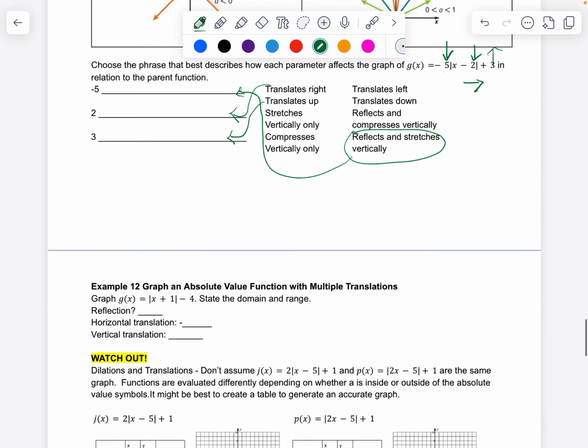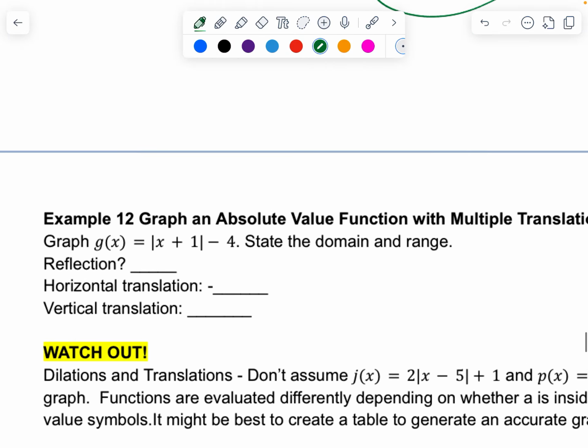Okay. So on this one, is there a reflection? No. Is there a horizontal translation? Yeah, right here. We're going to go left 1. Is there a vertical? Yes, we're going to go down 4.